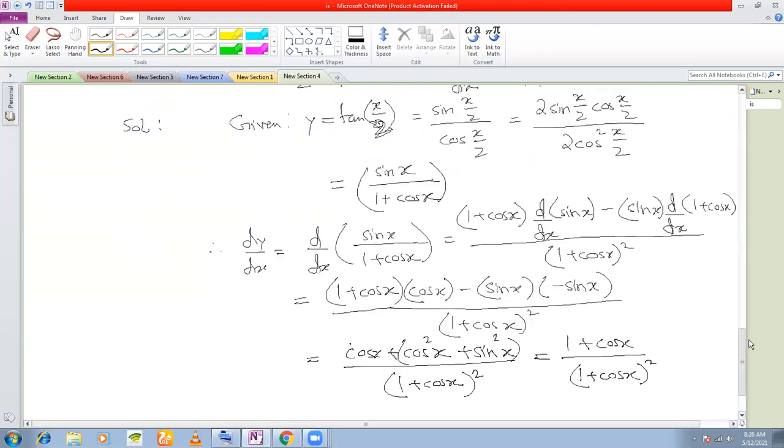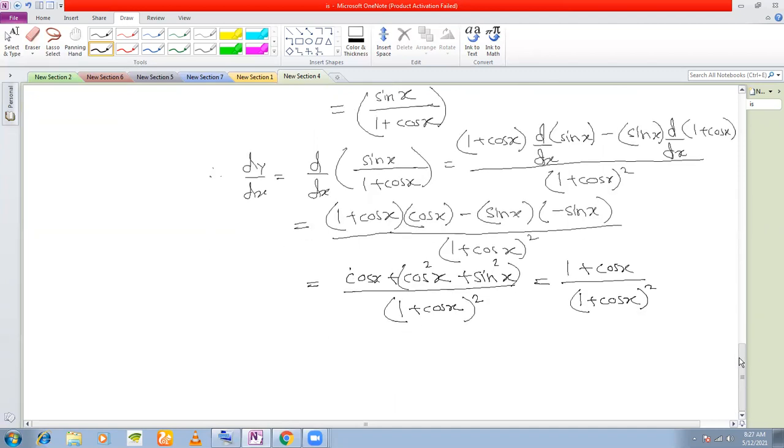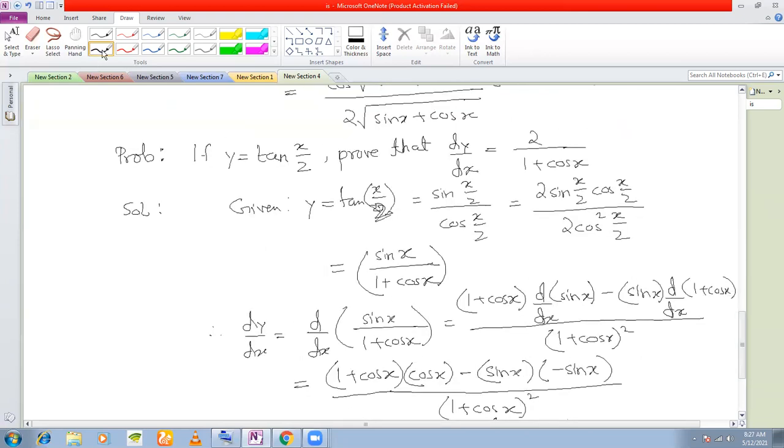And I think I have forgotten to write this 2 somewhere. Oh, it was 2 tan x by 2, not tan x by 2. This question was y is equal to 2 tan x by 2. So just add a 2 everywhere.